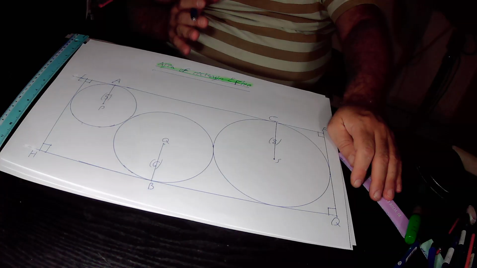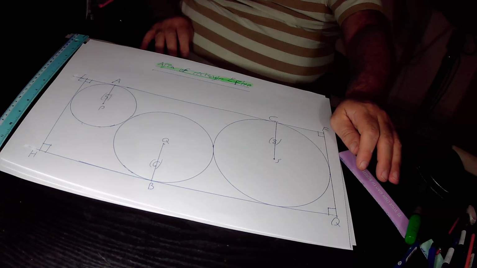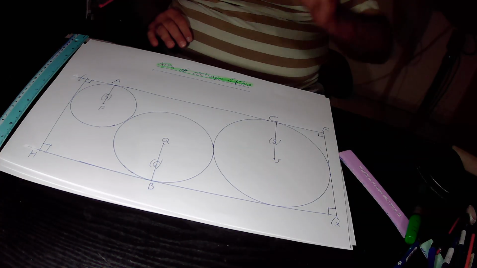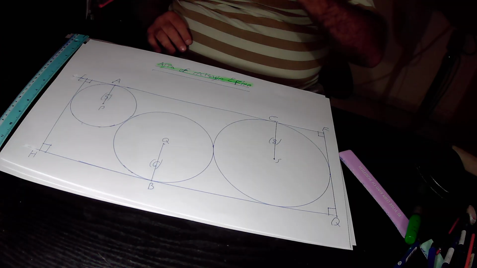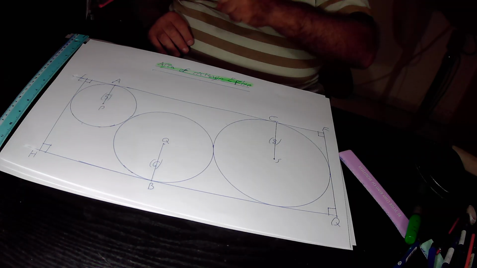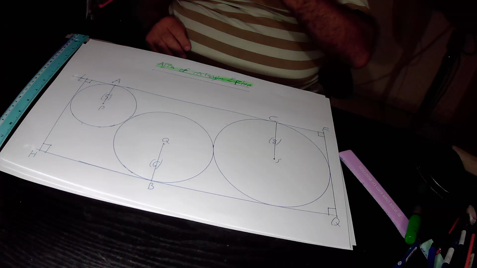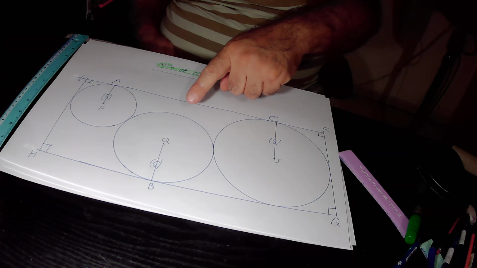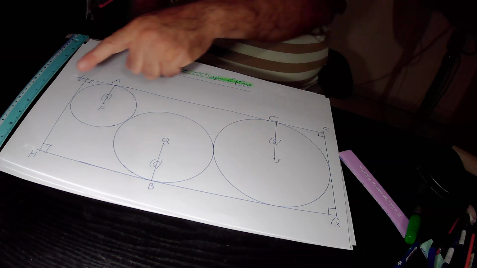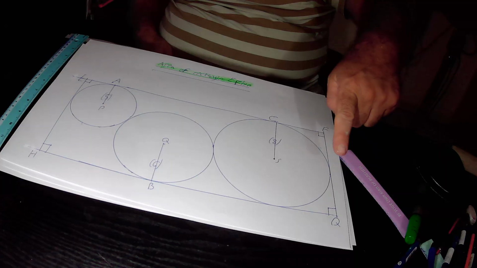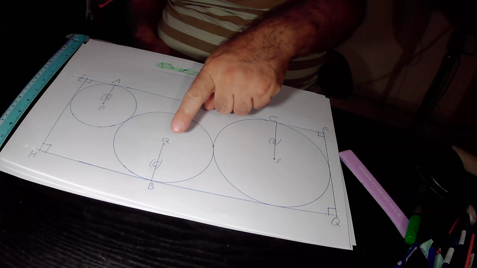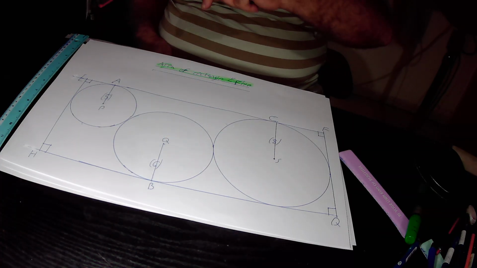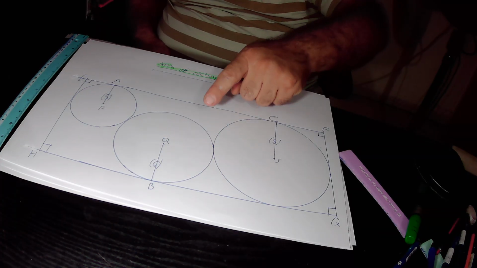So here we can implement rule 1. According to rule 1, a tangent to a circle is perpendicular to the radius drawn to its point of tangency. For example, we have here tangent HQ that is tangent to this median circle at this point B. The radius QB is equal to 6.